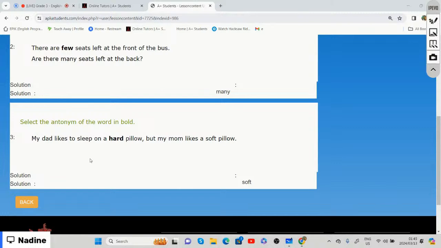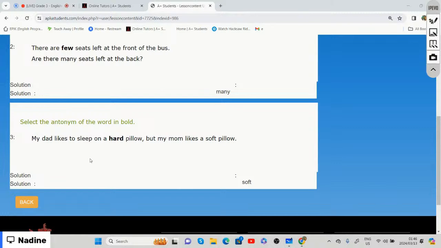It's like dad sleeping on a hard pillow. All right, so we can say, my dad likes to sleep on a hard pillow, but my mom likes a soft pillow.